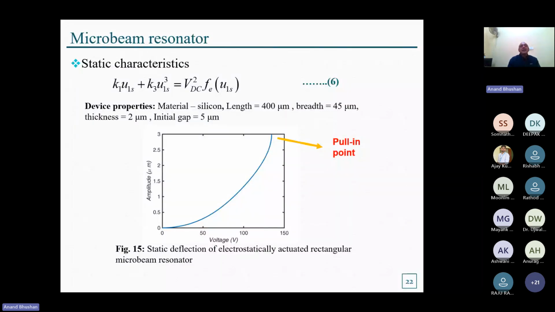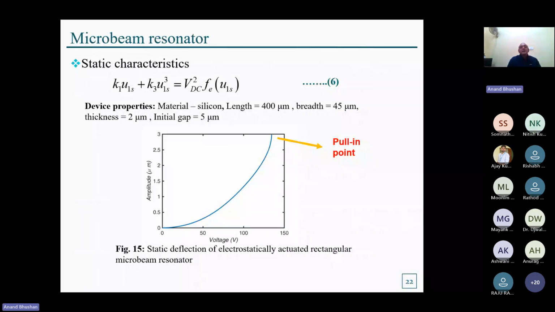Here we can see that equation 6 is again a nonlinear algebraic equation, which provides the deflection U1S as a function of VDC. So we solve this equation in the MATLAB environment using the fsolve function, and we provide its result in figure 15.